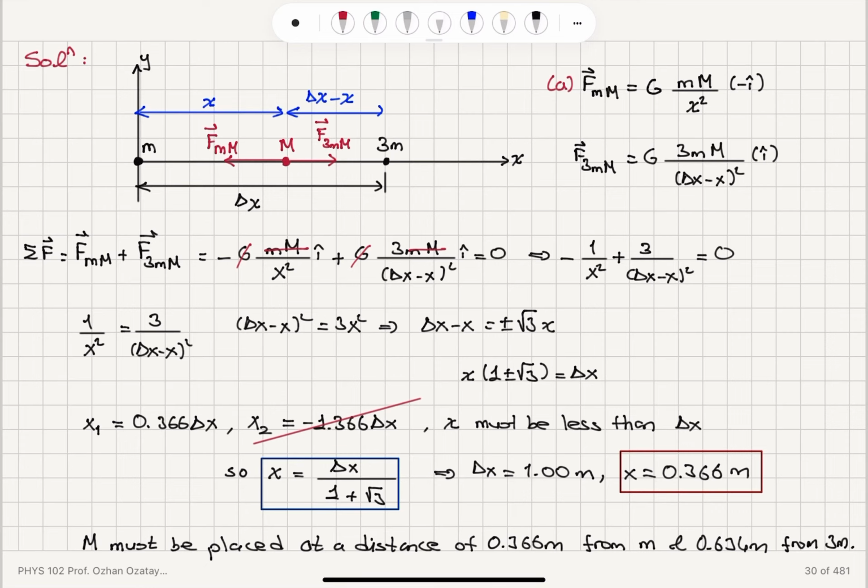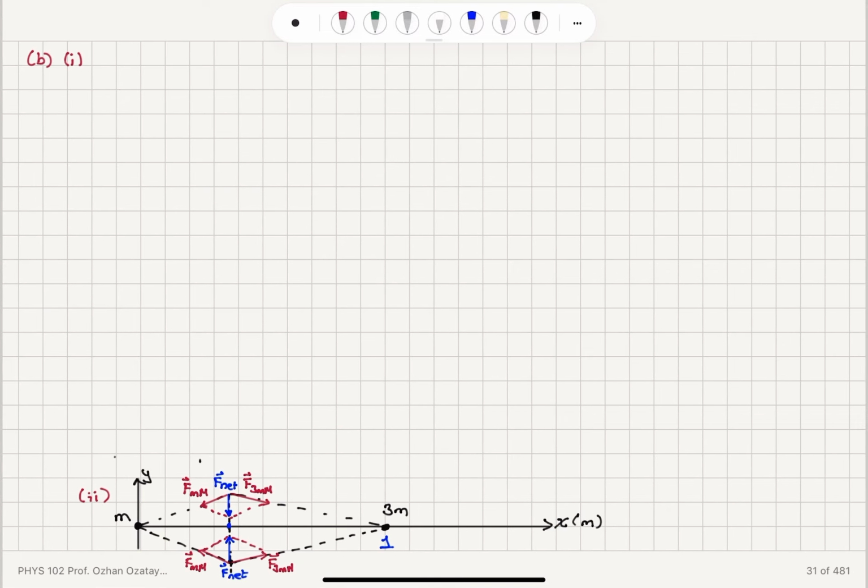So in part B, the first scenario, what happens if capital M is displaced a small distance delta x to the left towards mass M? So let's say that it's displaced by delta x towards mass M. So what will happen to the net force?